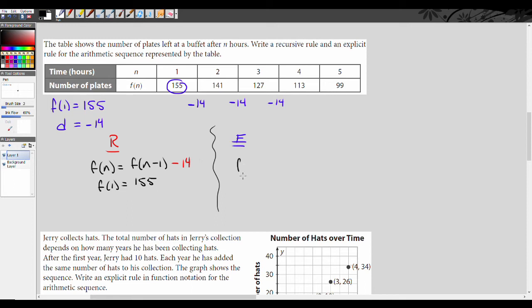Again, the front is going to be f of n equals, and in the back we're going to have n minus 1 in parentheses. And all we're going to stick in the middle is first term plus the common difference. So my first term is 155 plus negative 14, or just simply minus 14. And there is our explicit rule.